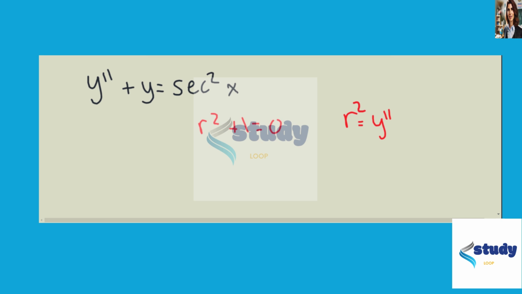Sorry, r squared would be equal to the second derivative of y on the left-hand side. So when we solve this, we get r is equal to positive or negative i, because we're going to be taking the square root of negative 1.